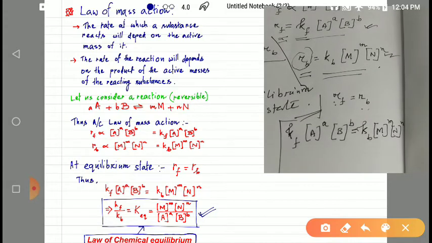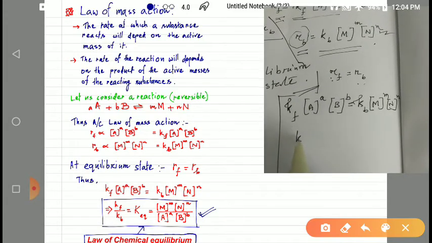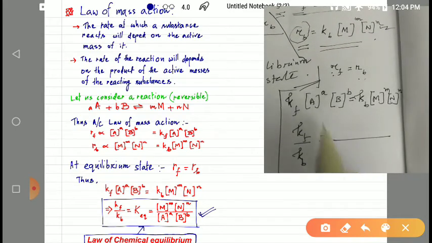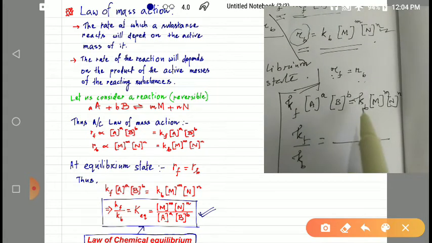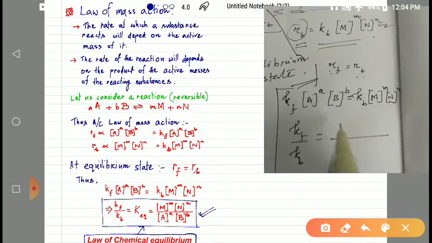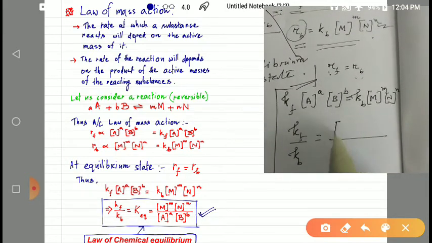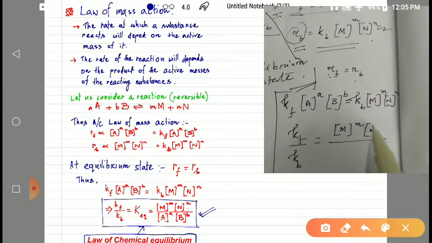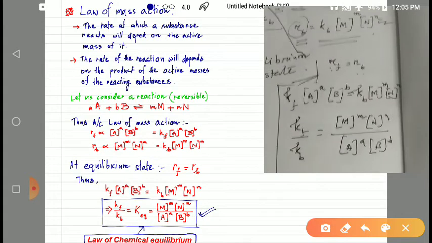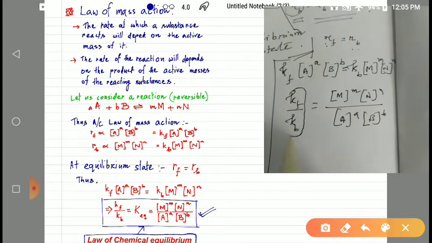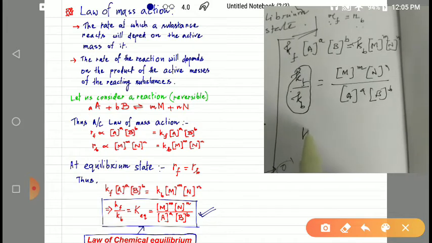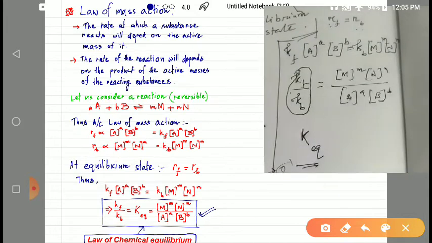Again, that means Kf by Kb, the ratio of the forward rate constant to the backward rate constant, is equal to [M]^m [N]^n divided by [A]^a [B]^b. And this ratio of the forward rate constant and the backward rate constant is known as the equilibrium constant.